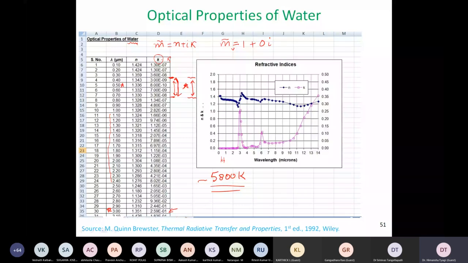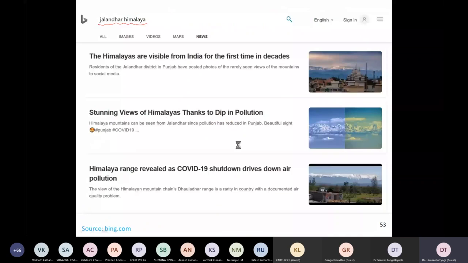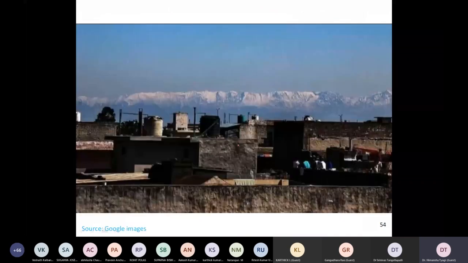We will make use of this particular property. We will look at how sunlight travels through the atmosphere, what happens to it, and I will correlate it with the reduction in pollution which took place during the lockdown period, which allowed the residents of very far off places like Jalandhar to view the beauty of the snow-capped Himalayan peaks.